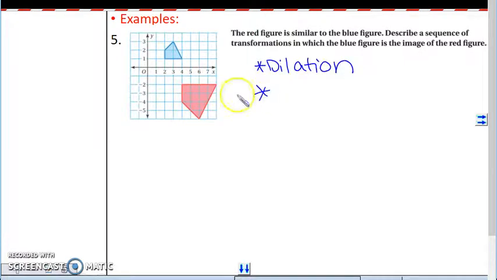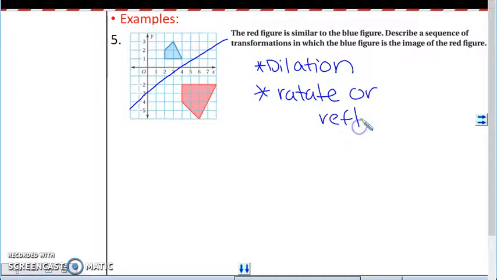And then the picture looks like it turns a couple of times, or it could almost be reflected over a line like that. So it can be rotated or reflected. And we will get more into this tomorrow, where we talk about a series of transformations. But today we're just talking about dilation. By the way, the order of this can switch and it still does the same thing.